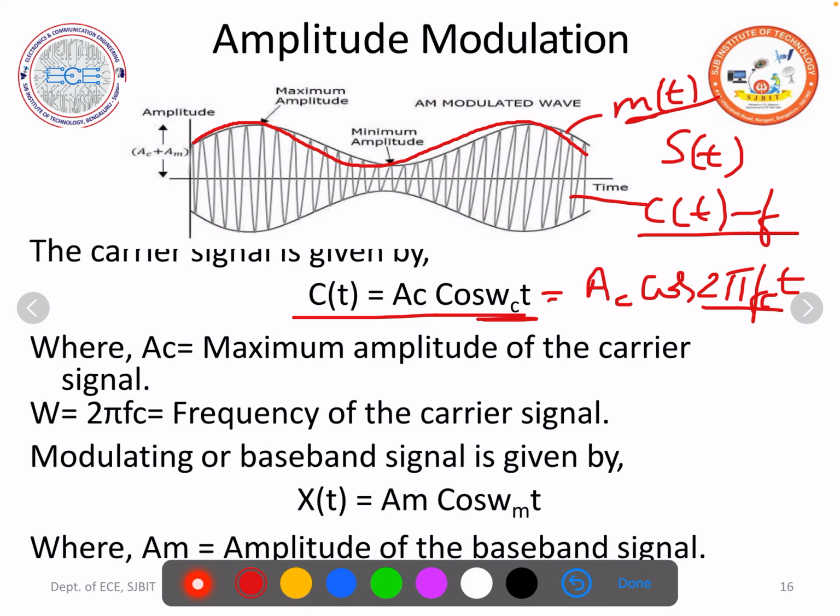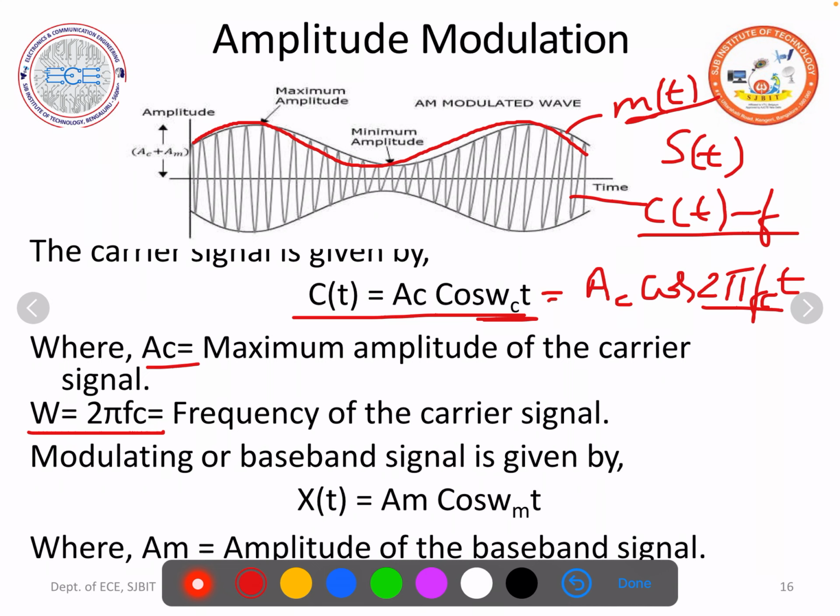So what is c of t? It is the carrier signal. Ac is the maximum peak amplitude of the carrier signal. Fc is the carrier frequency, which will be represented in hertz. Omega c is nothing but your 2 pi fc, that is the frequency of the carrier signal. So this is about the carrier signal.